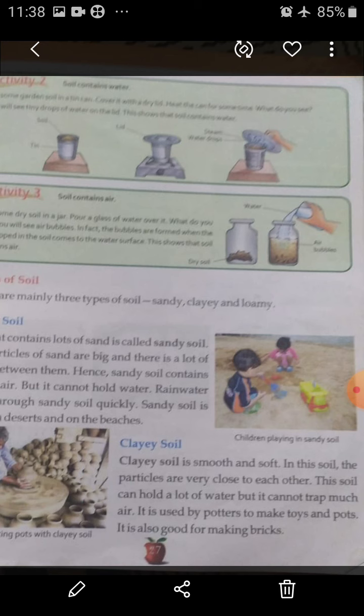As you studied before, sandy soil does not have water holding capacity but there is a lot of air. In clay soil, the particles are small, so no air is present between the particles. It is found near rivers and ponds.